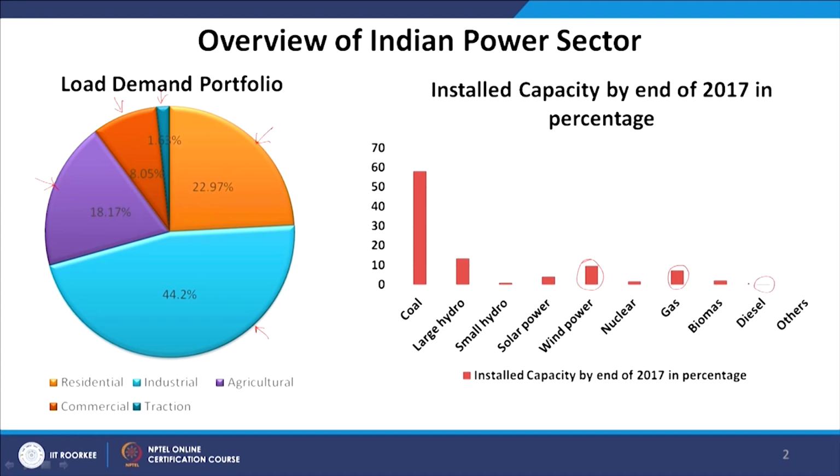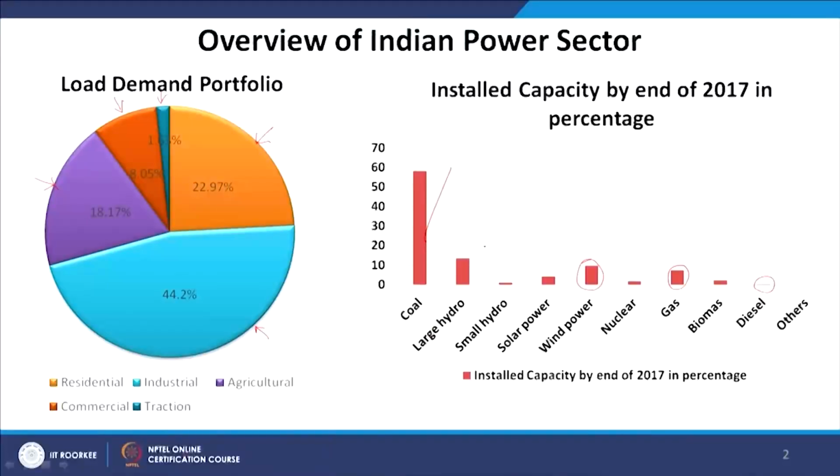Now, the question is, if we keep on adding load, or if our per capita consumption has to increase over the next 5 to 10 years, then certainly all the generation, coal and hydro naturally, which you have to tap, and wind power, and then solar power, gas, diesel, all has to go up over a period of time.